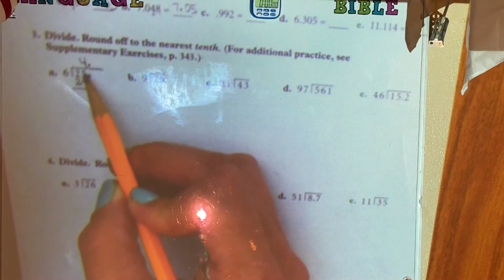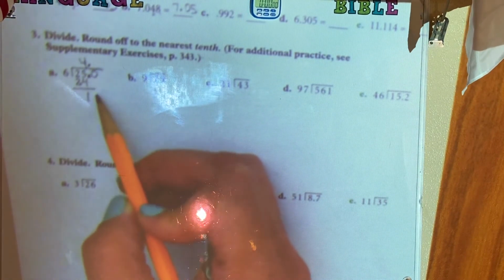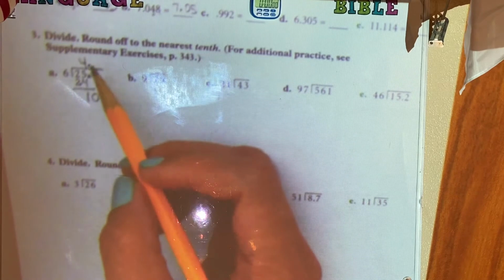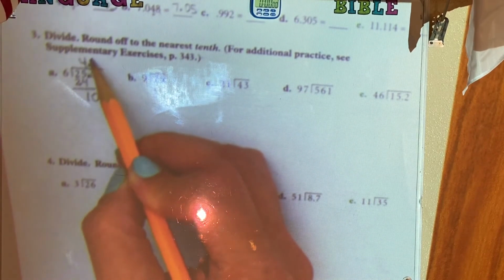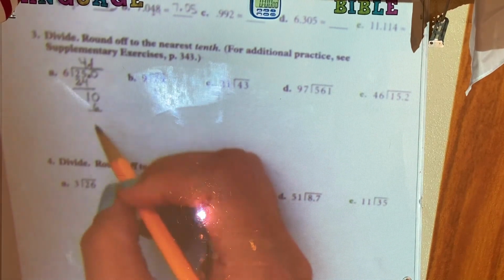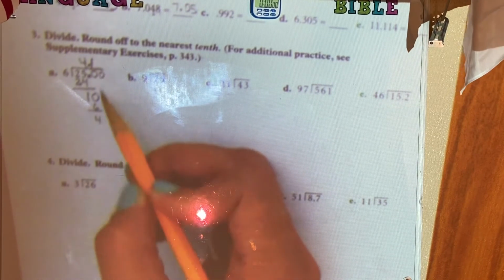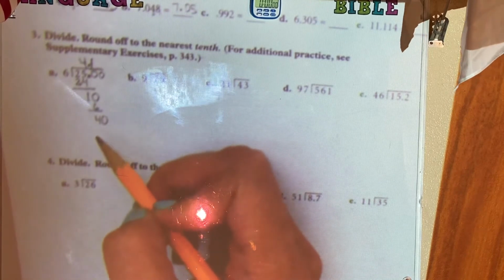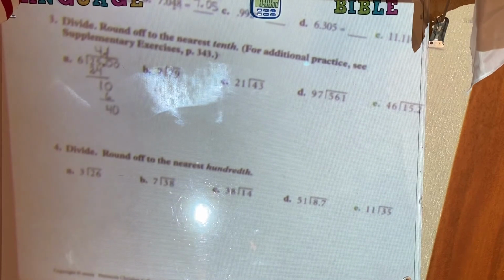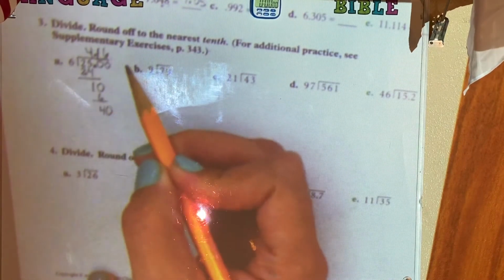And we're going to subtract that. 5 minus 4 is 1. We're going to add a 0, and put that 0 at the bottom. 6 divided by 10 goes only 1 time. So 1 times 6 is 6. 10 minus 6 is 4. Then we're going to add another 0 and bring it down. 46 divided by 40 is going to be 6. And that's going to be 36, if I'm not mistaken, 36.